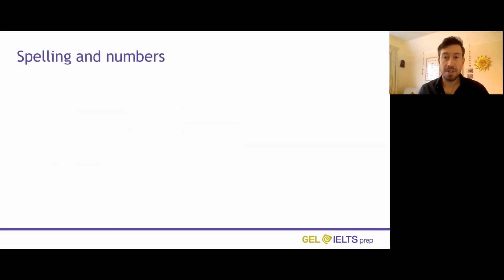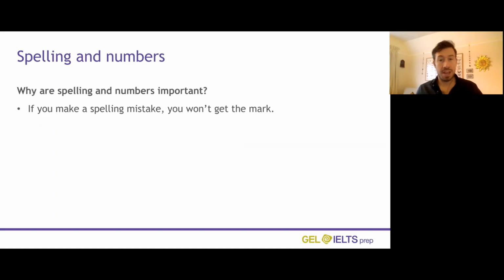So we're going to start with spelling and numbers. So why are spelling and numbers important? Well, this is kind of key. If you make a spelling mistake, you won't get the mark. You'll lose the mark if you spell something incorrectly. So it's really important to be able to spell things correctly in the IELTS.